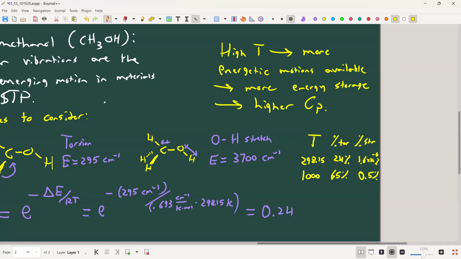So what we're going to do is look at a chemical process and calculate, first, its enthalpy change at some standard conditions. And then we'll calculate its enthalpy at a different temperature.